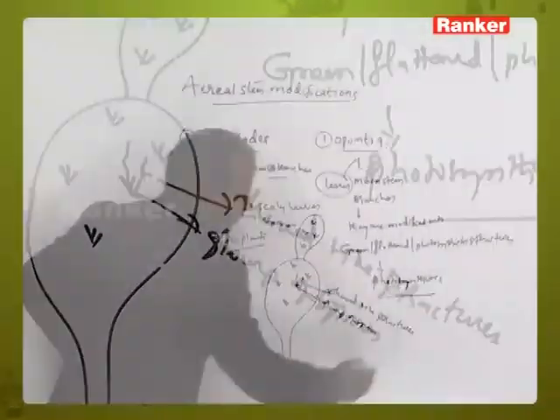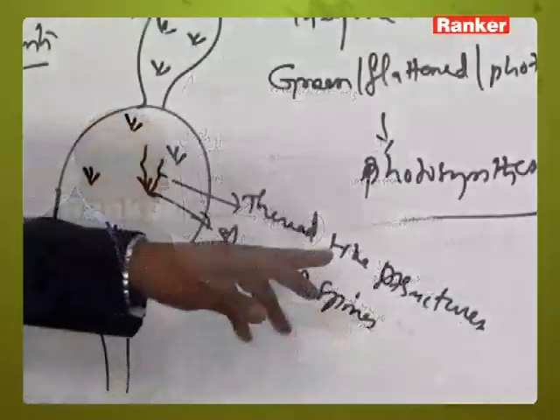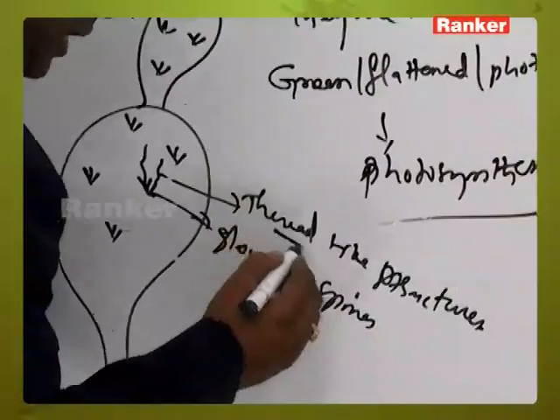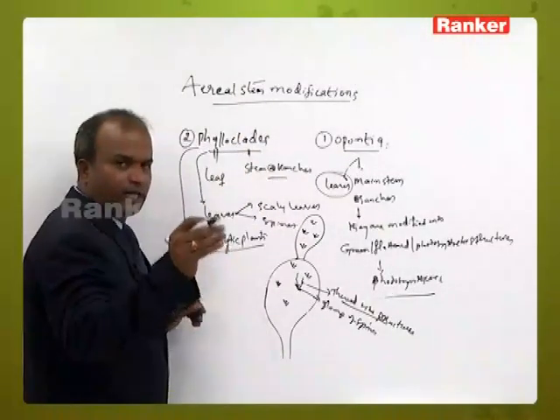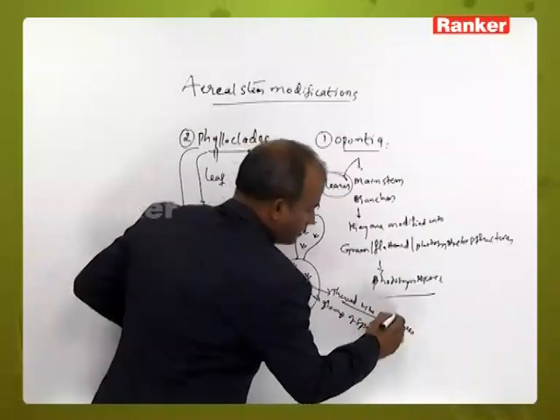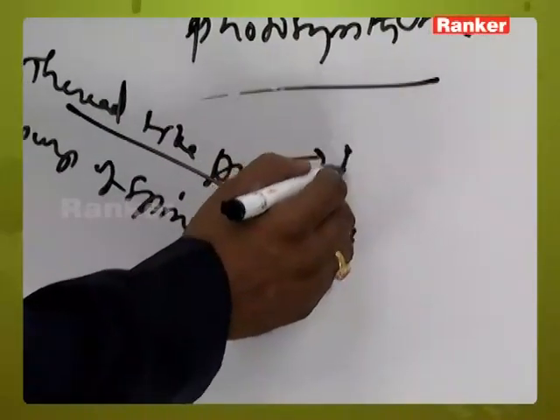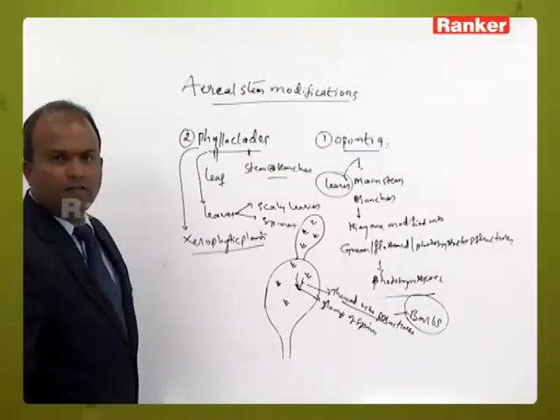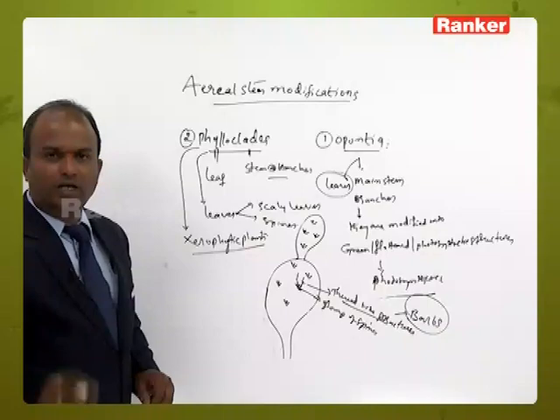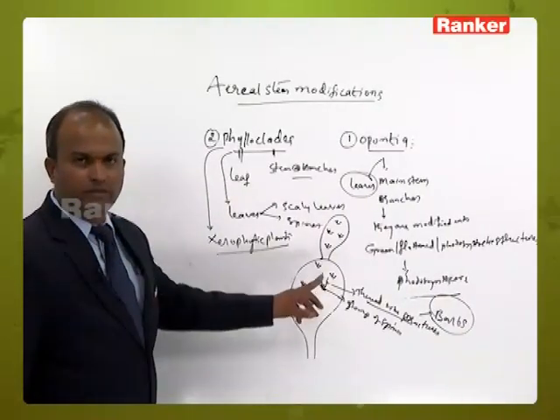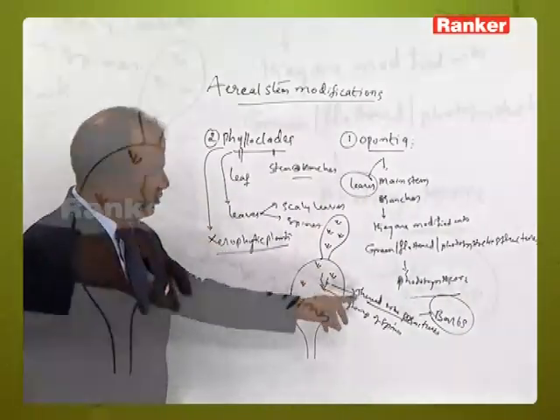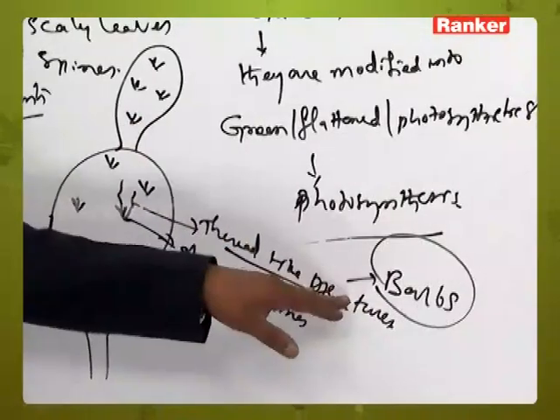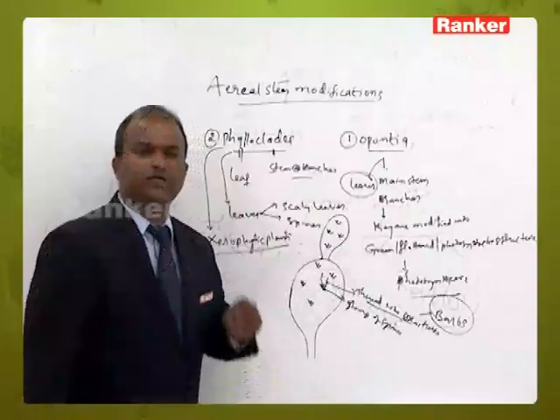These structures are nothing but barbs. That means in Opuntia, leaves are reduced to spines. Some of those spines are reduced into thread-like or fiber-like structures, which are called barbs.